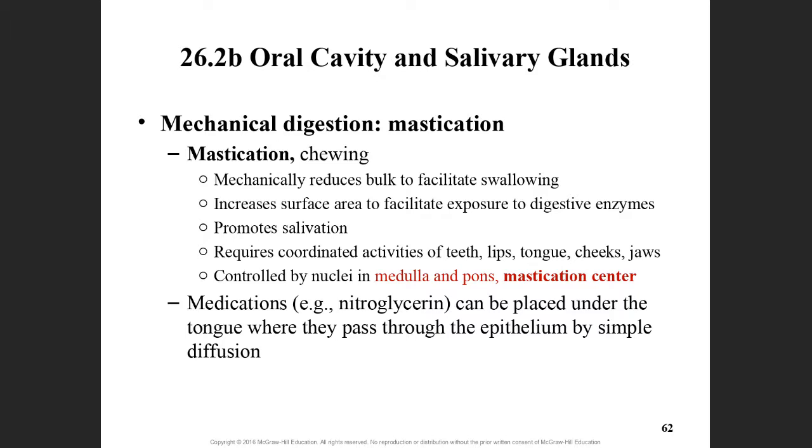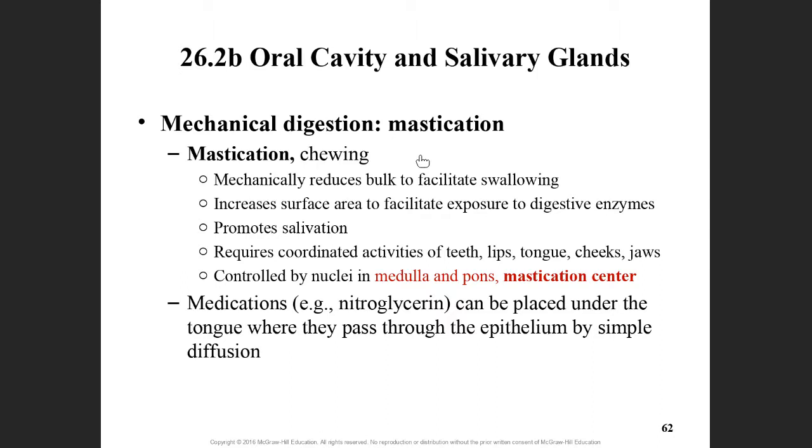The next part is about our teeth. And you know that your teeth can do mechanical digestion. The first mechanical digestion which we have here is called mastication or chewing. Mechanical digestion in the oral cavity is called mastication or chewing, as you see here in this slide.